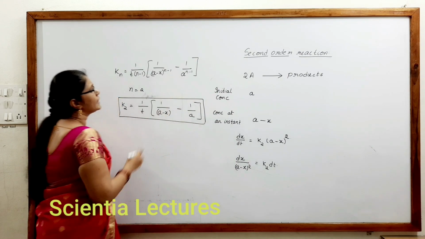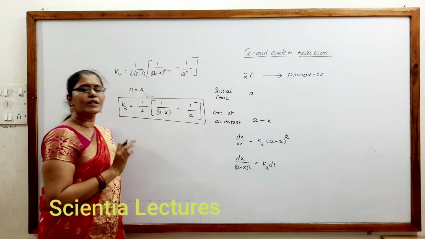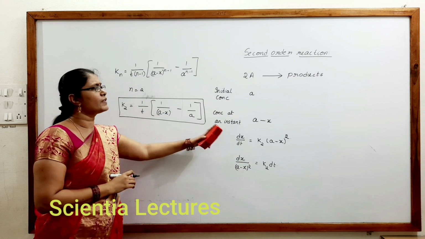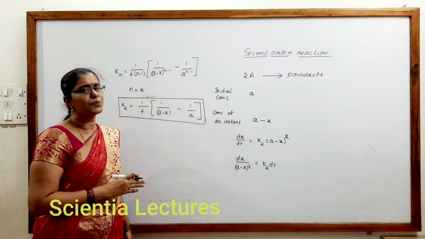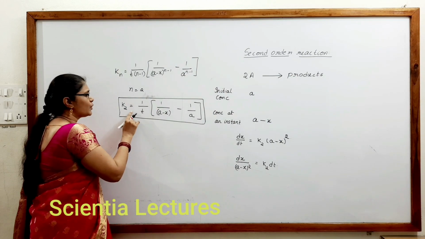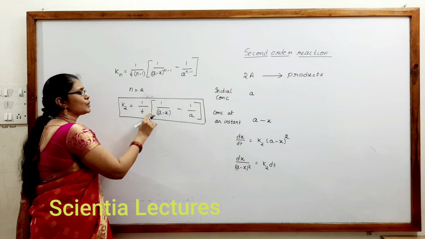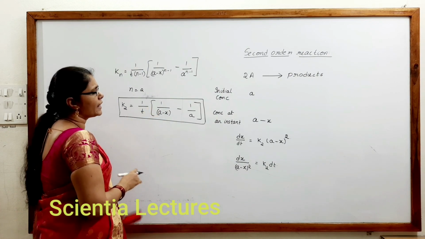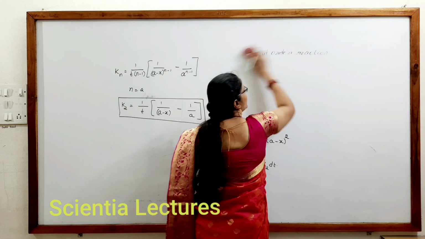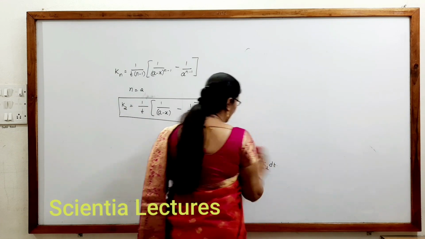We have derived this nth order rate equation in the previous module itself. It can be written as K2 equal to 1 by t into [1 by (A minus X) minus 1 by A]. This is the rate equation of second order reaction.